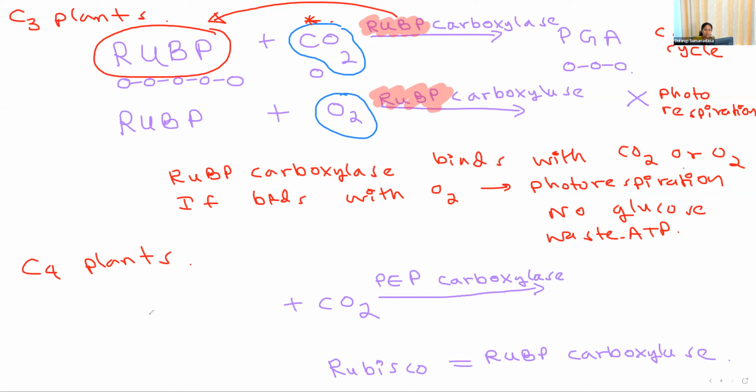Can you write down the substrate they need? If C3 plants use RuBP carboxylase, the initial substrate is RuBP. If C4 plants use another enzyme, PEP carboxylase, the substrate they need is, write it down, PEP.